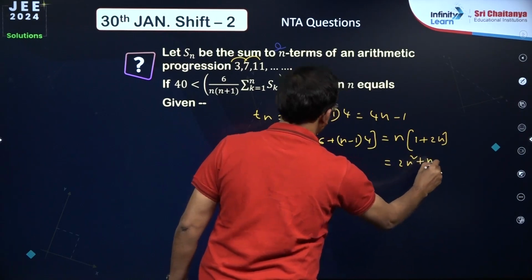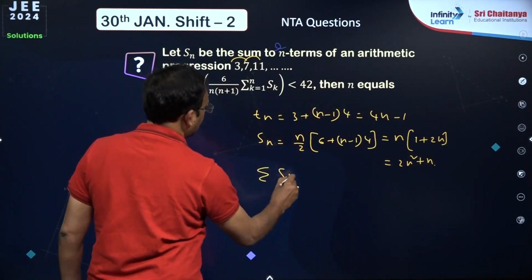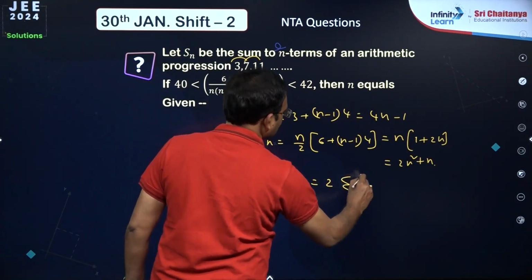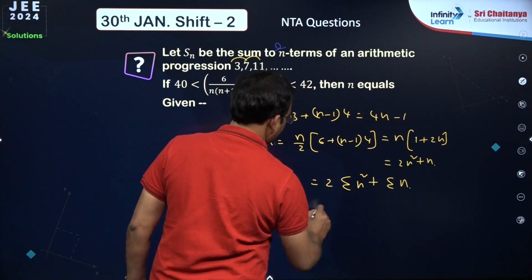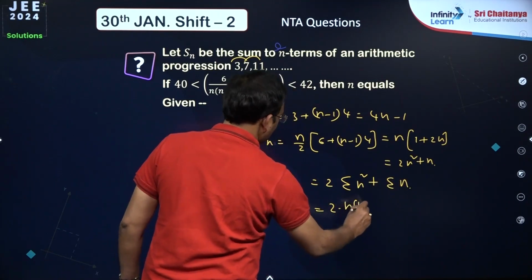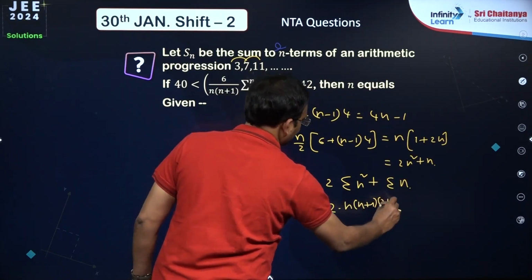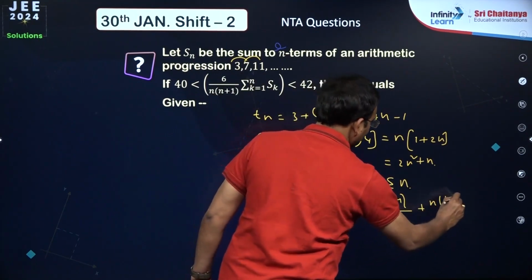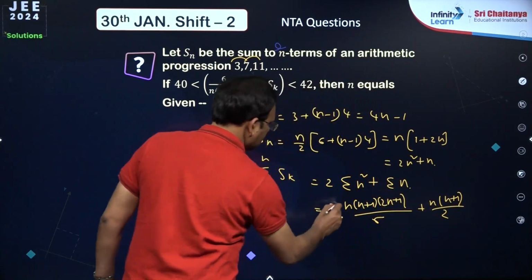Now sigma Sk, k equals 1 to n, will become 2 sigma n squared plus sigma n, my dear friends. 2 into n into n plus 1 into 2n plus 1 by 6 plus n into n plus 1 by 2, my dear friends, which gives this is 3.